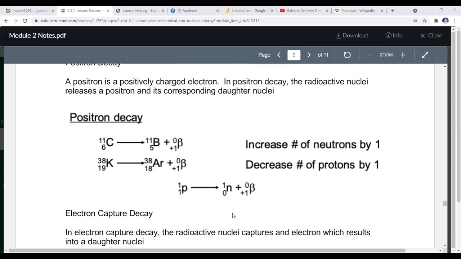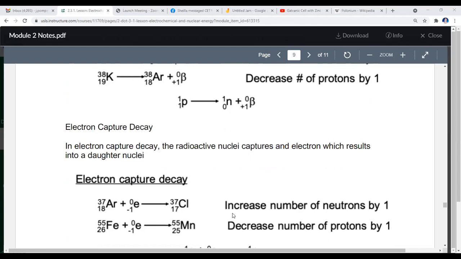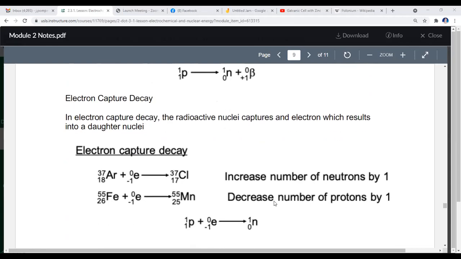Now, electron capture decay. In electron capture decay, the radioactive nuclei captures an electron, which results in a daughter nuclei. So instead of writing the electron on the product side, you write it on the reactant side because it is being received.